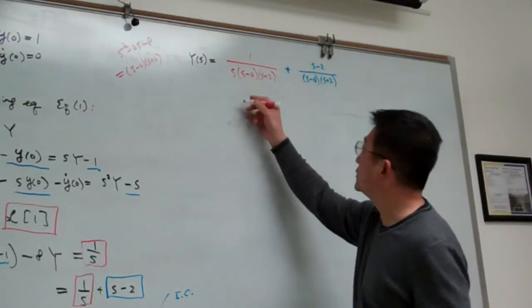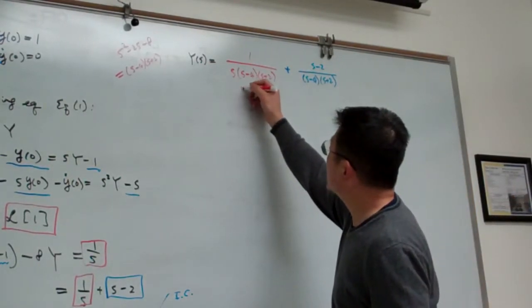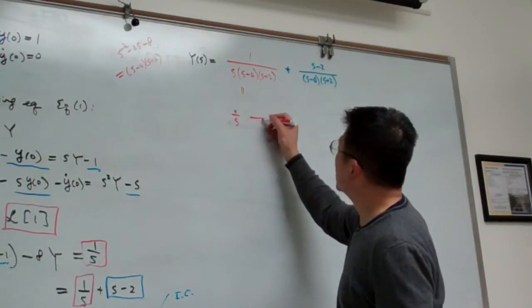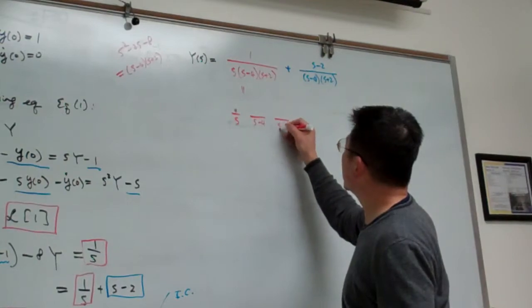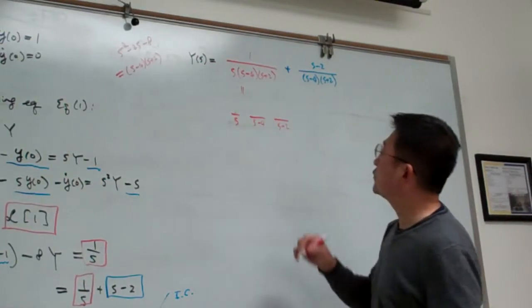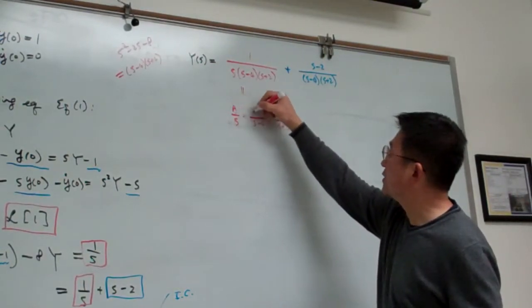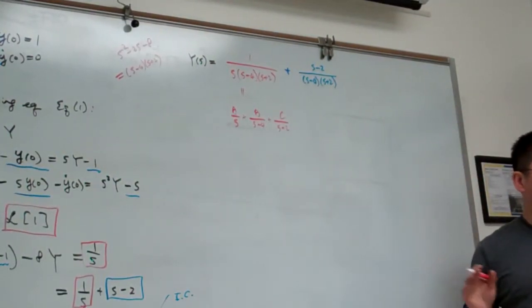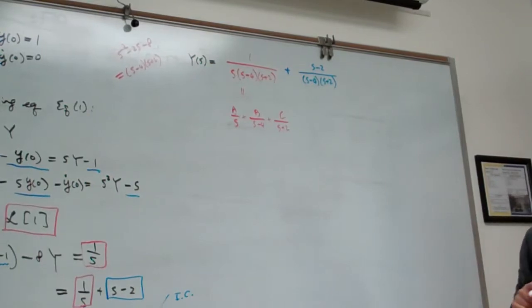So for this term, we can factorize s, s minus 4 and s plus 2. This one, again, we can factorize using A, B, C. Okay, and we determine A, B, C individually.